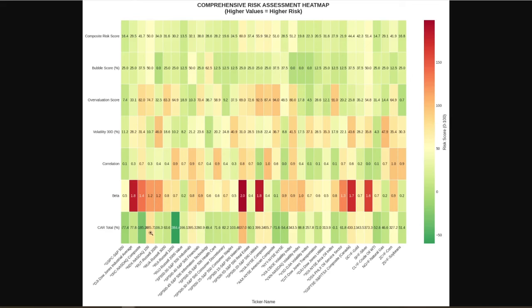It's here, in this light sand color. So it means that the cumulative abnormal returns that the NASDAQ 100 has been providing for a very long time are approaching a risk level consistent with the overvaluation score, consistent with the bubble 50-50. We are in bubblish territory for the NASDAQ 100 and the 100 stocks that are in it.